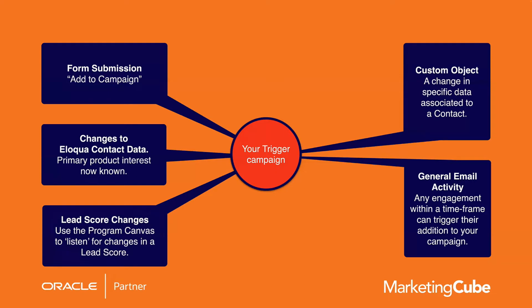So when the contact is updated to reflect that particular change, they could come in through a segment. The benefit of using the program canvas to do the listening, though, is we can be very clear about whether the lead score increased or decreased. That can often be a question that you're trying to look for, and that can be used to include or exclude somebody from a particular campaign.